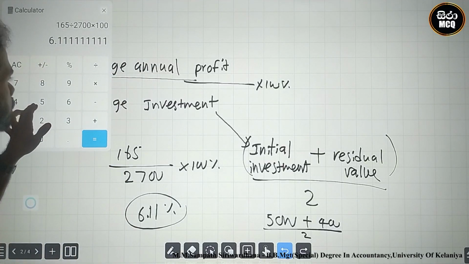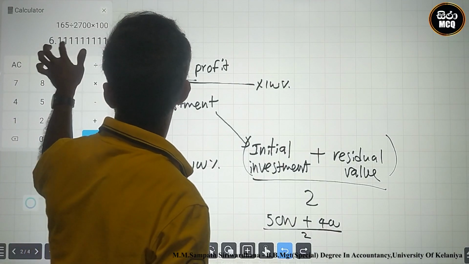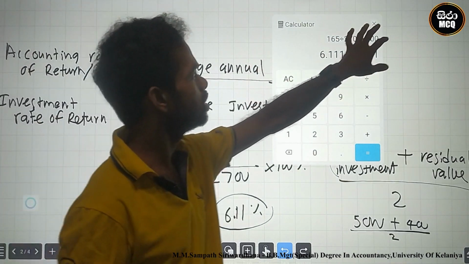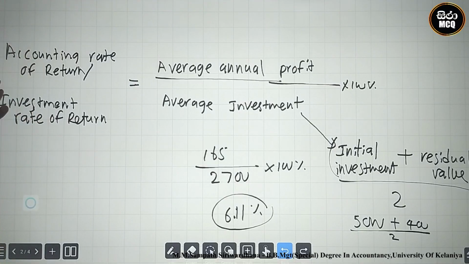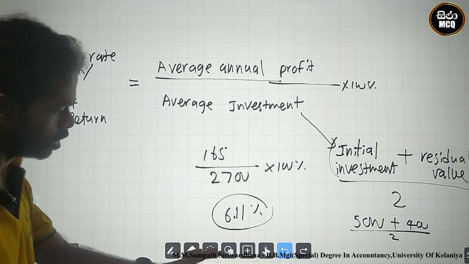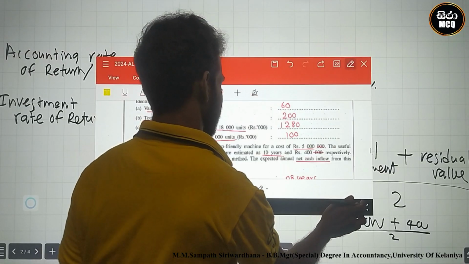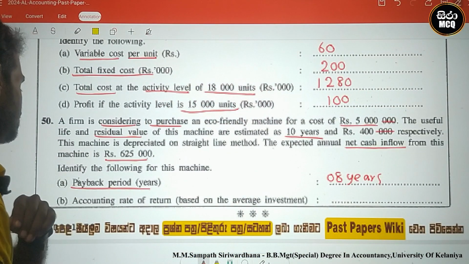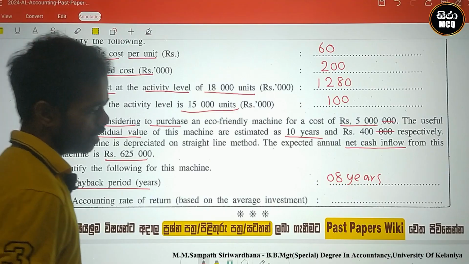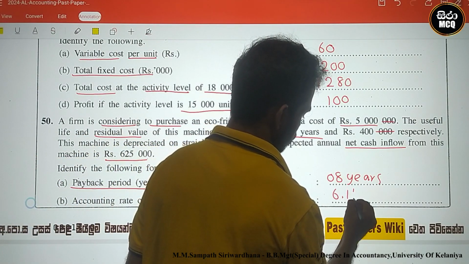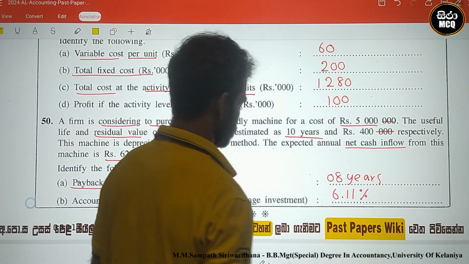This is the accounting rate of return we calculated: 6.11%. Let's write it down easily. Accounting rate of return is 6.11%.